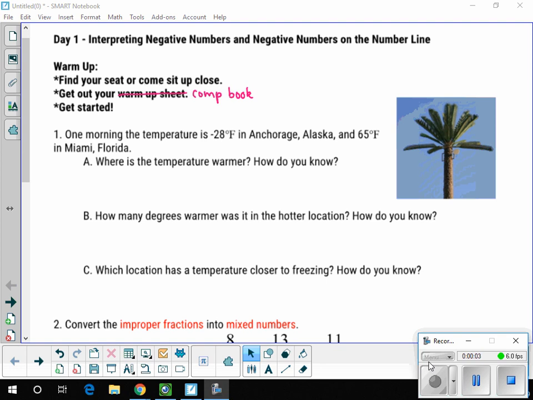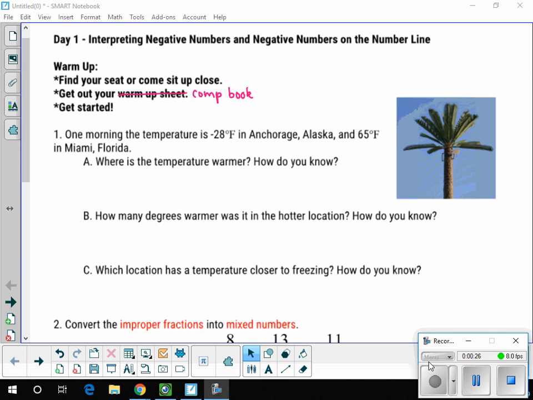Hi, crew. So we're going to start today with our goal over here of what strategies can we use to place rational numbers on a number line. So rational numbers are numbers like 1, 2, 3, whole numbers.